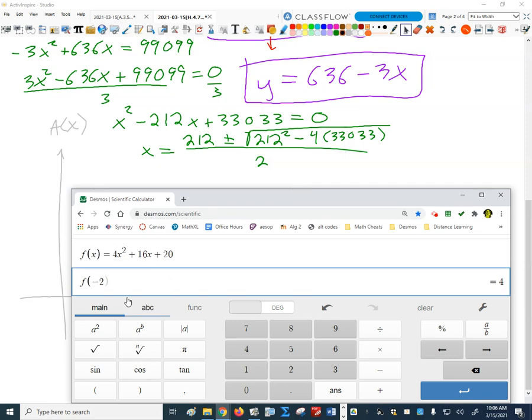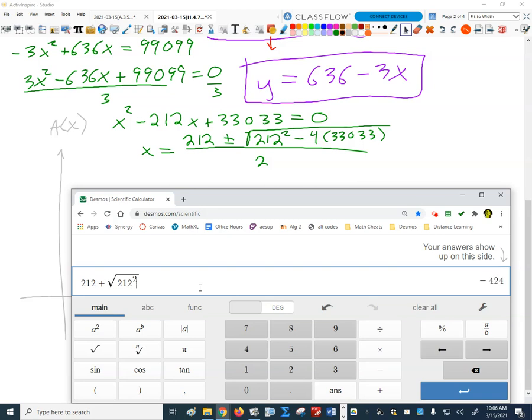Okay, so what's that give us? 212 plus the square root of 212 squared minus 4 times 33,033.